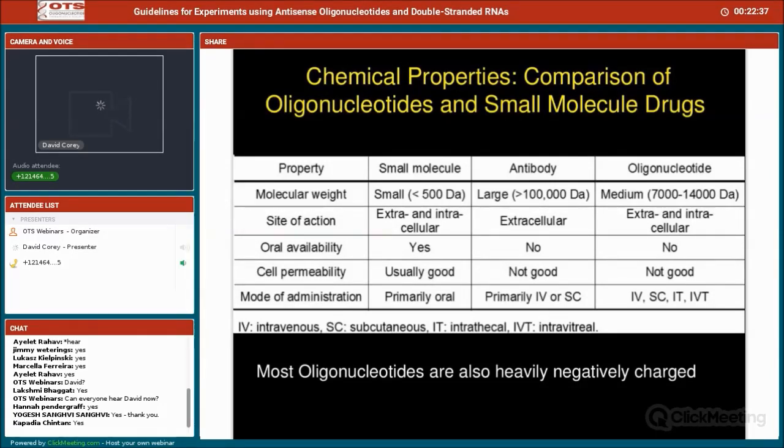They function mainly extracellularly. Now, oligonucleotides, by contrast, have to function within a cell unless they're an aptamer, and we're not discussing aptamers today. But to enter the cell, they have to enter it in spite of being highly negatively charged. So a large molecule, negatively charged, I think that underscores why a new understanding of how therapeutics might be developed was needed for oligonucleotides.